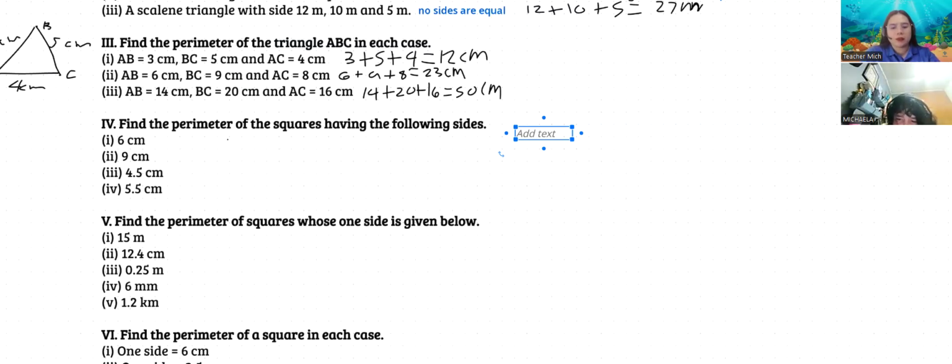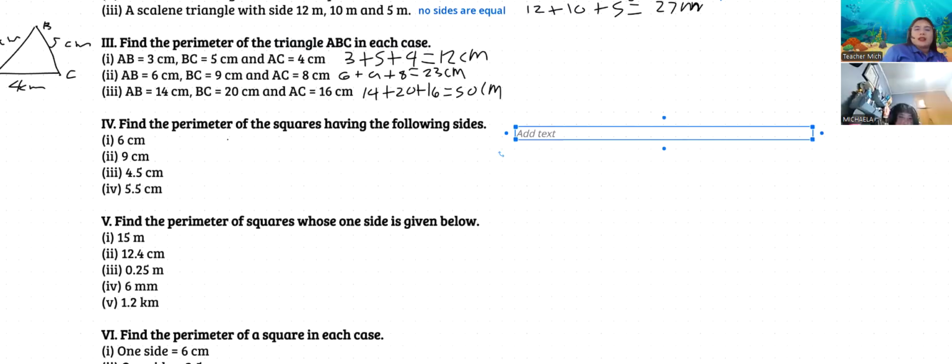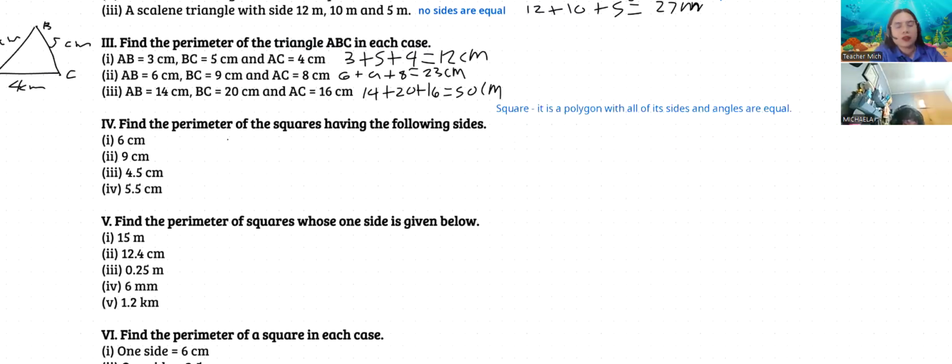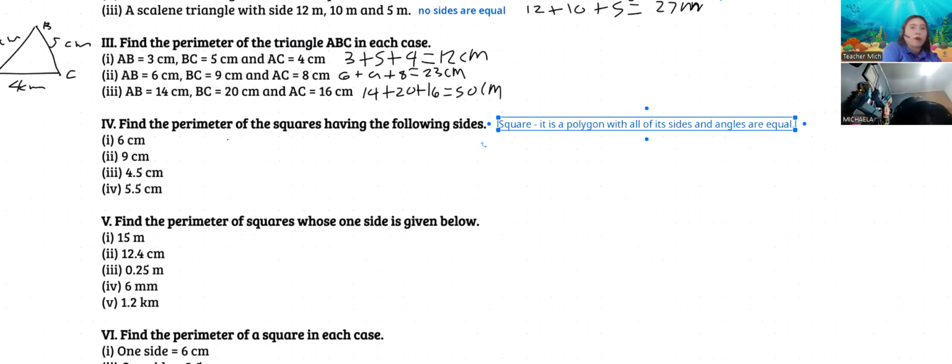It is a polygon with all of its sides and angles equal. Okay, anak. So it means to say that the measurement of one side is equal to the other side and equal to the other side and equal to its fourth side.